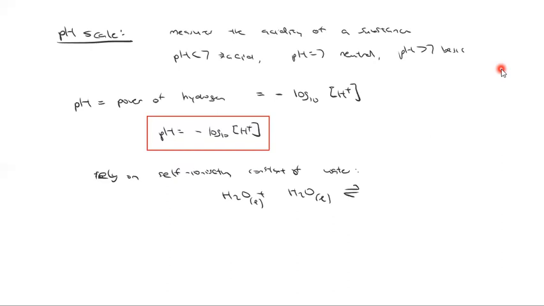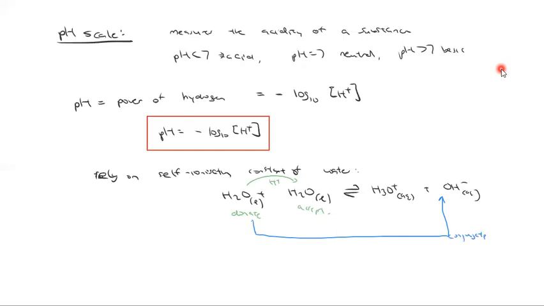It can both accept and donate a proton. So this is going to donate an H+, and this will accept it, meaning that we will end up getting an H3O+ plus an OH-. So this is just what we were talking about before. This donates and becomes the OH-. So this is the conjugate base of H2O.